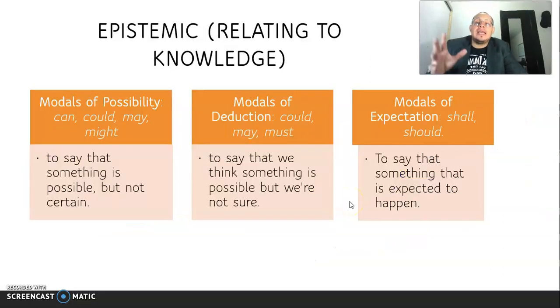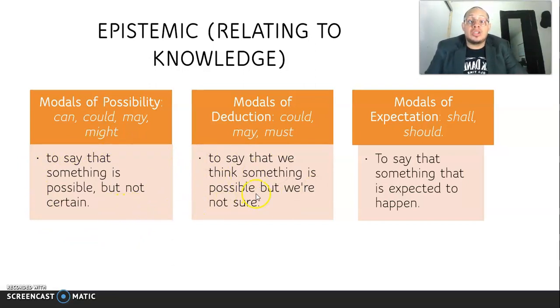Okay, so let's bring the first family into the loop. Epistemics are related to knowledge. We have modals of possibility, modals of deduction, and modals of expectation. When you think that something is about to happen, or there is a huge possibility it will happen, you use can, could, and may. As I mentioned before, it is to say that something is possible but not certain to happen.